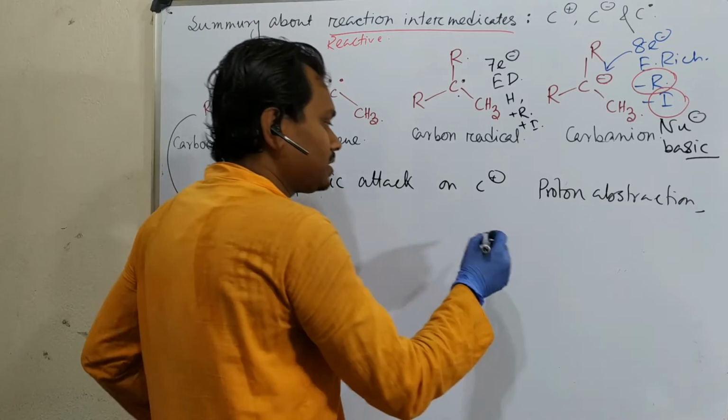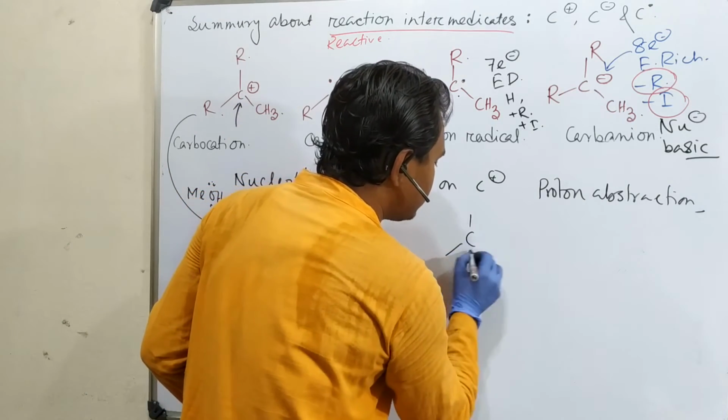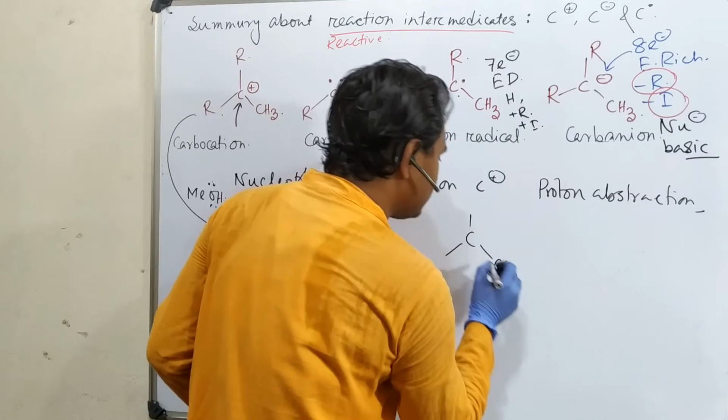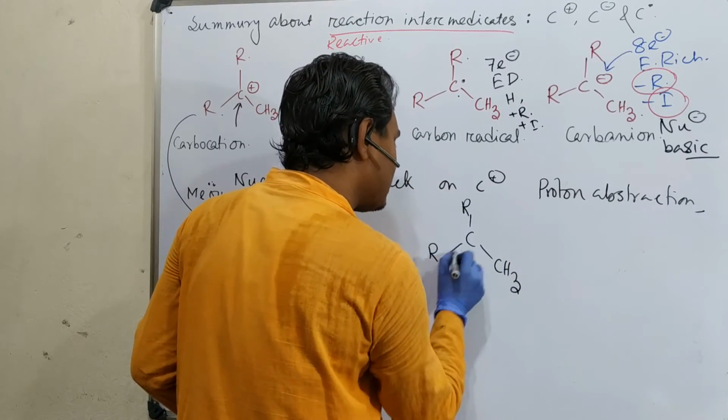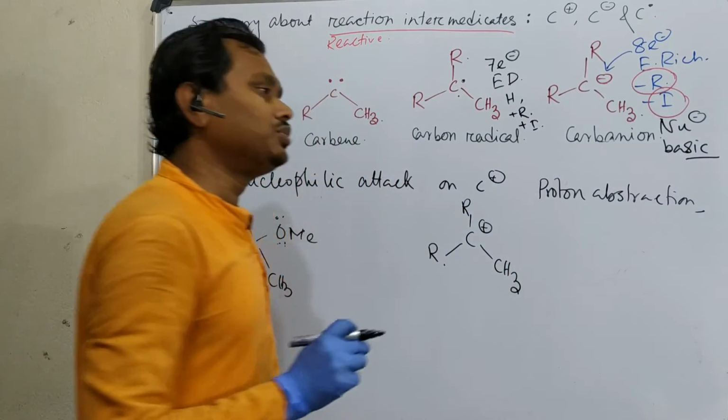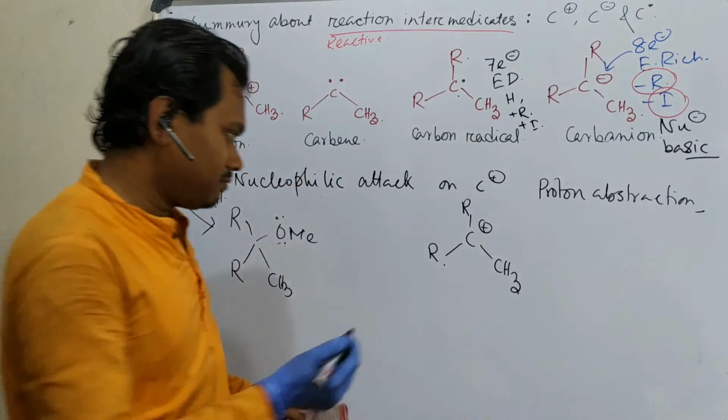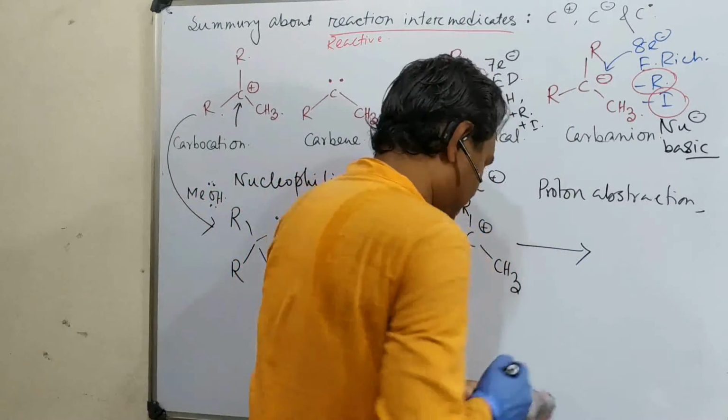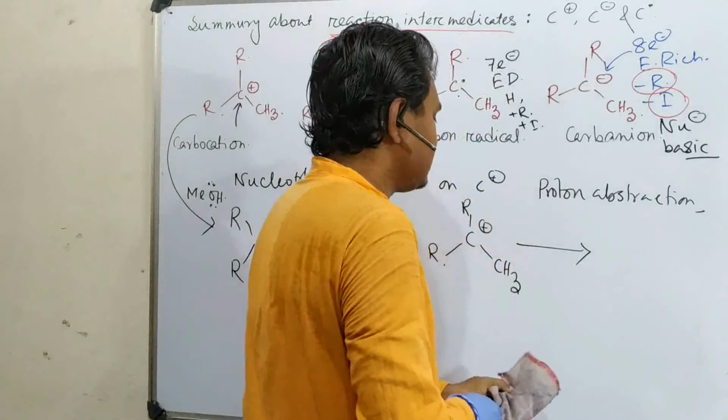Now proton abstraction. For example, you have this R plus charge. Now you do not have a stronger nucleophile, say you have taken potassium tertiary butoxide in your reaction medium.